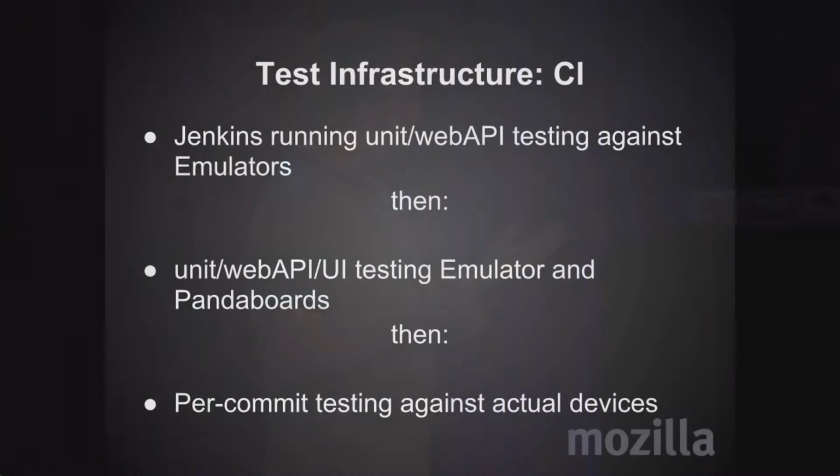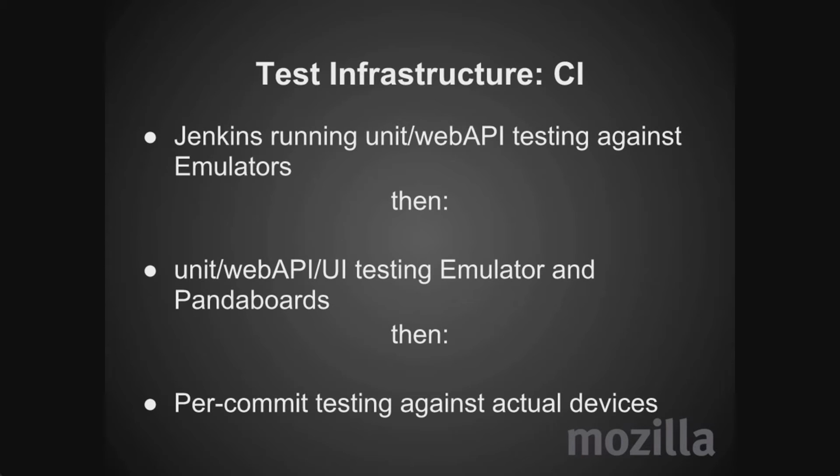So we had Jenkins running in the cloud, running our unit tests, our web API tests, so the hardware part tests. And they were running them against emulators. Luckily, when we were at this stage, we didn't have hundreds of engineers working on Firefox OS. But then things changed, and we started getting more engineers, and more of the system started being built.